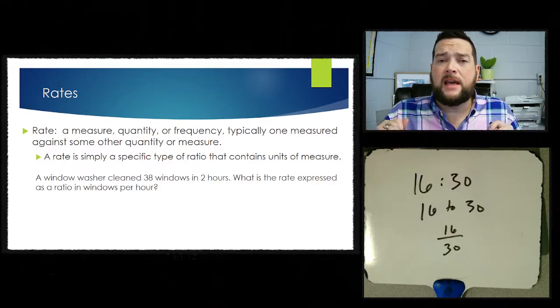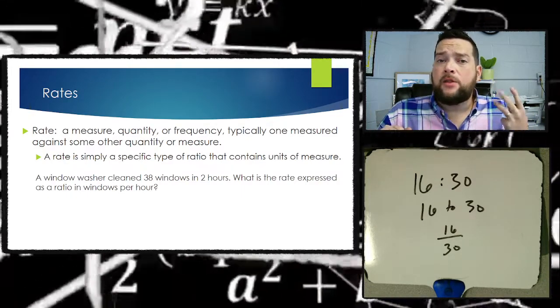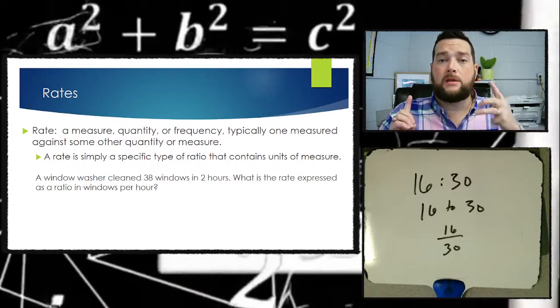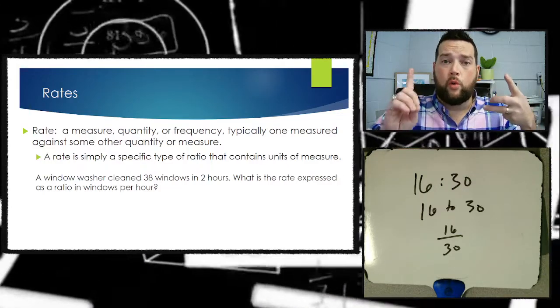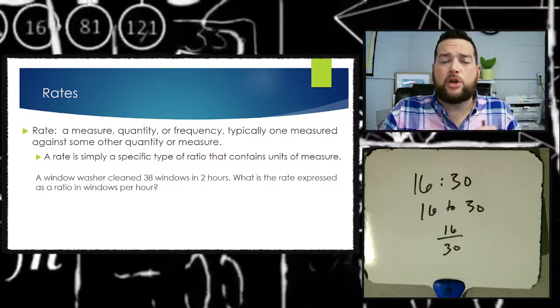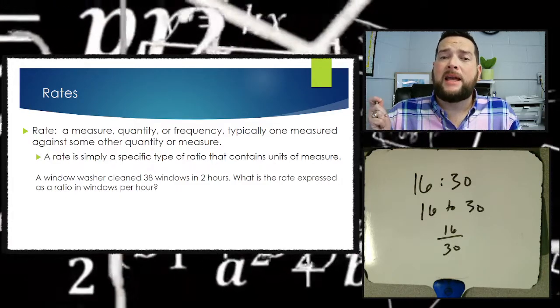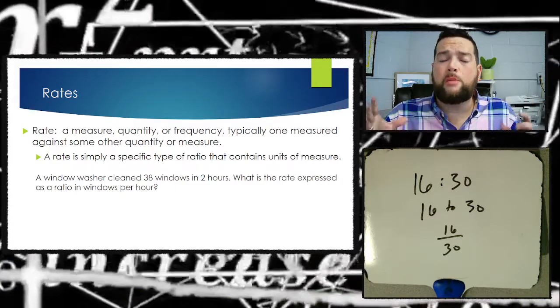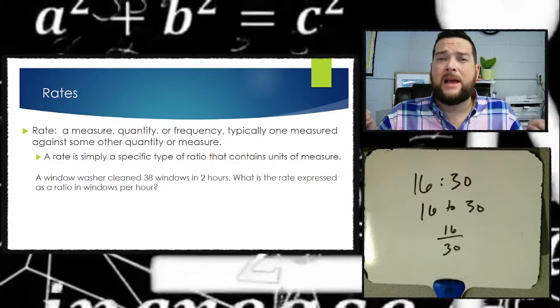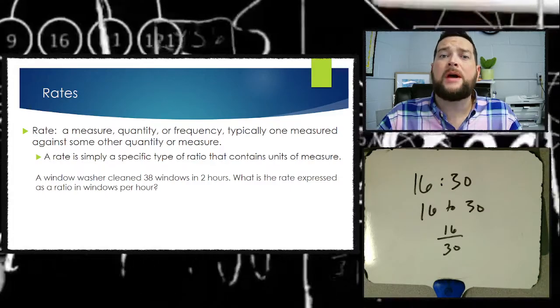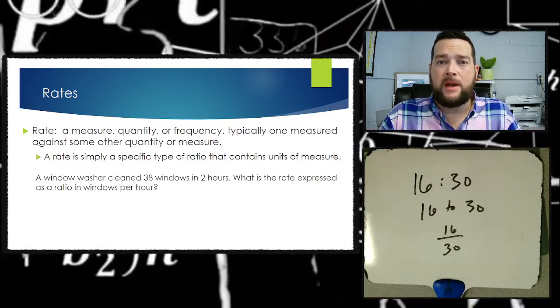But if we say that Sarah can eat 3 apples in 1 minute, now we're comparing those 3 apples to the 1 minute, and the minute is a measure of time, so now that special ratio is called a rate. Whenever you see the word rate, it's talking about a ratio that has some kind of unit of measure tied to it.